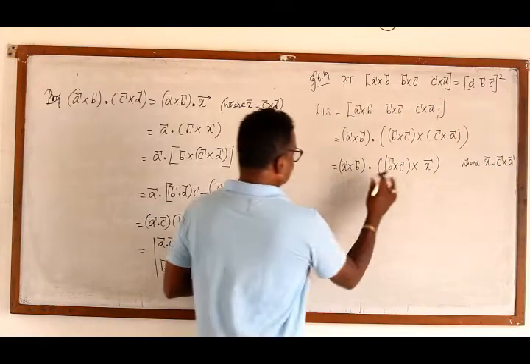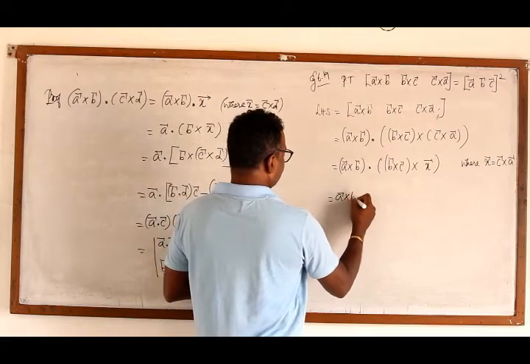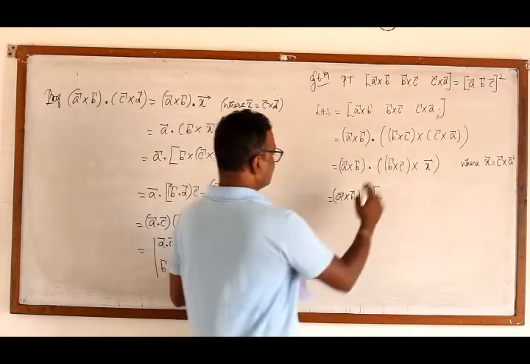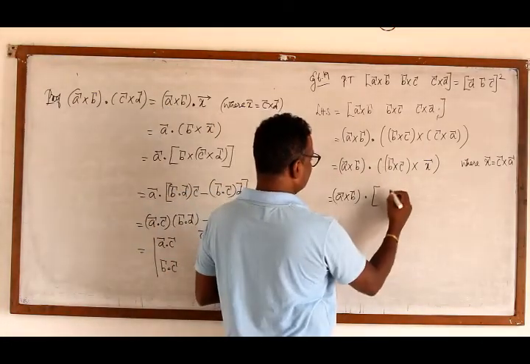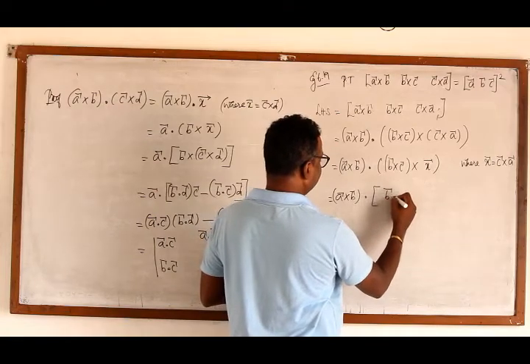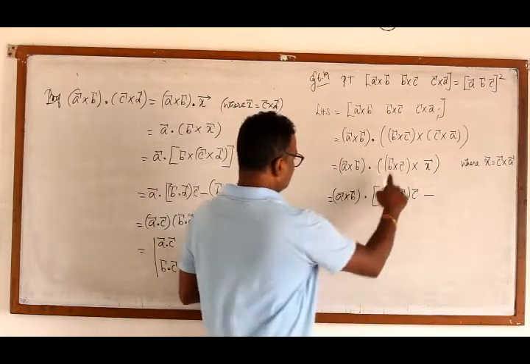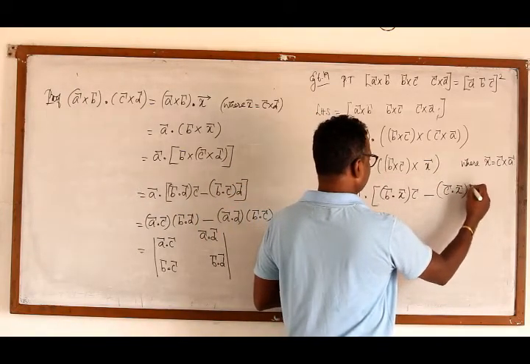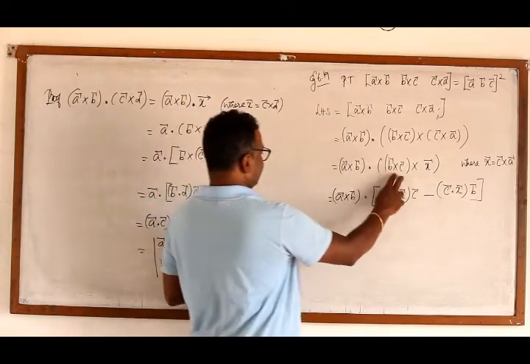Now this is a vector product of three vectors where the bracket comes in the first place. So it is of this form: first one is 1, 3, 2, that is (B dot x) into C, minus 2, 3, 1, (C dot x) into B. So I am applying the second theorem.